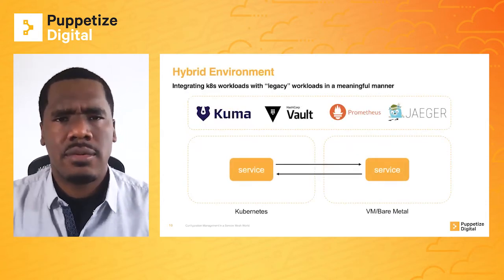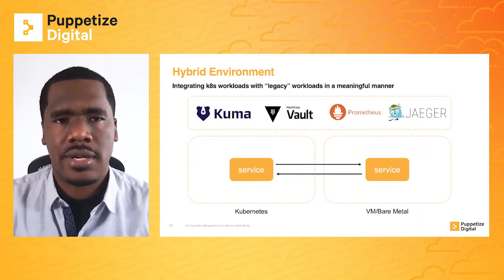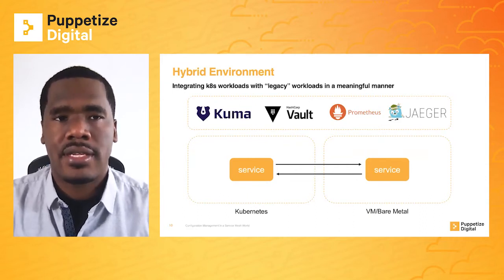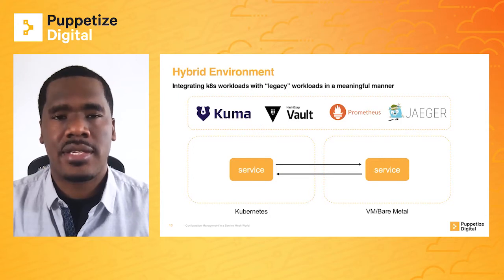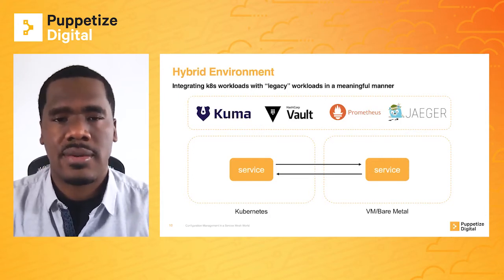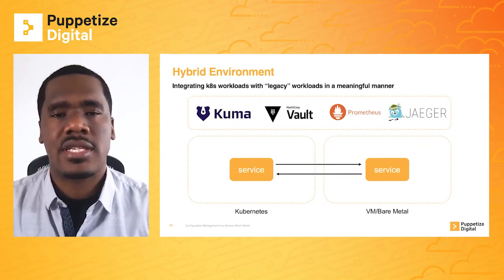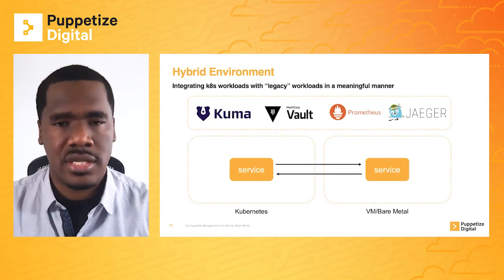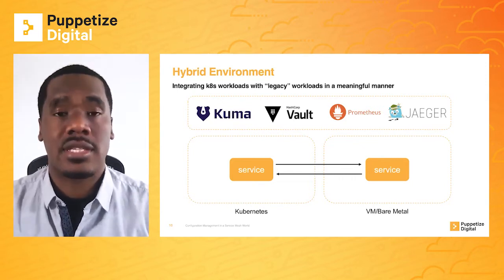And so we've talked through some of the advantages of a service mesh, and some of the challenges that organizations will begin to face is the fact that they're starting to leverage the service mesh in their Kubernetes environment. And then ultimately, they're going to get to a point where they need to integrate those applications in the Kubernetes environment to applications running on virtual machines or on bare metal, or what people typically refer to as now legacy workloads.